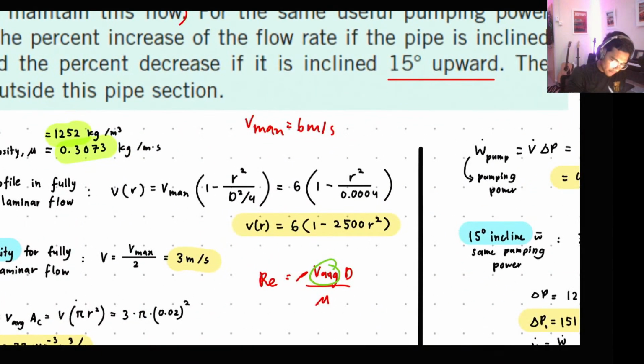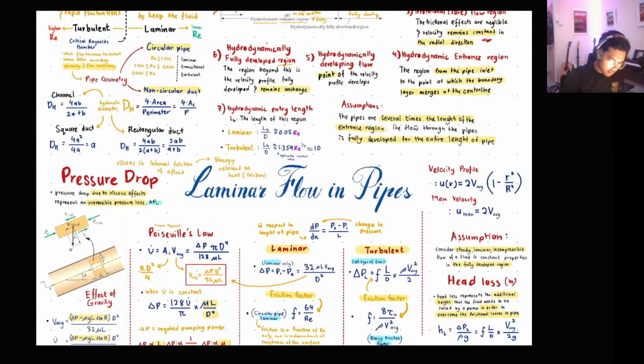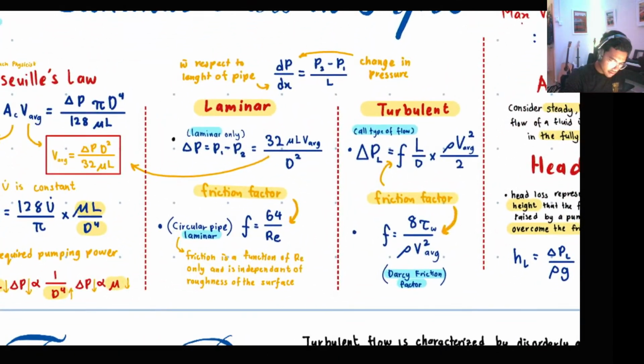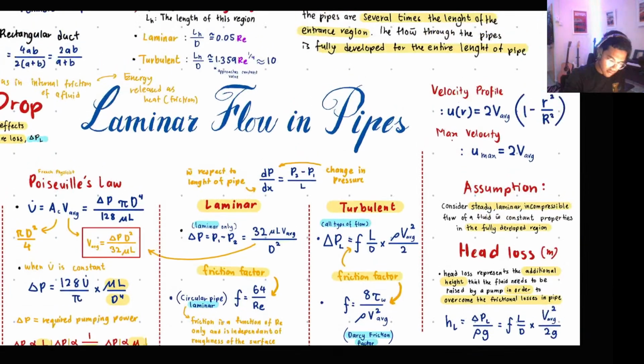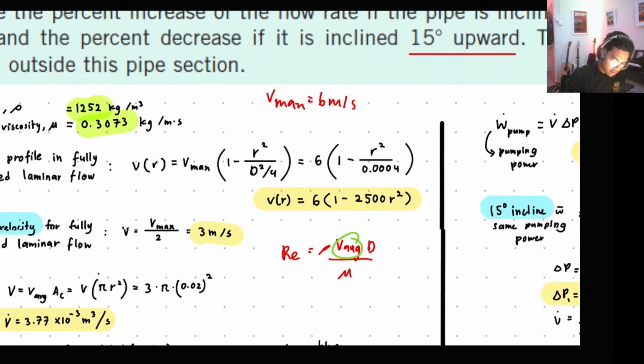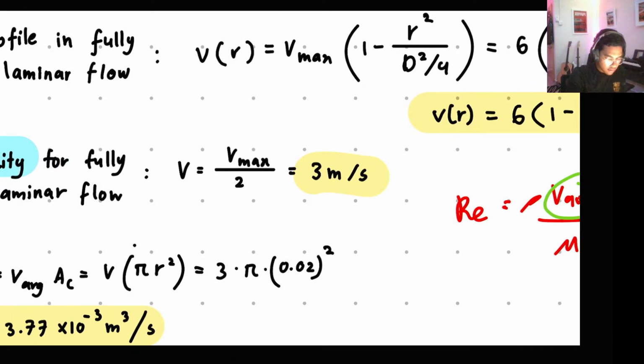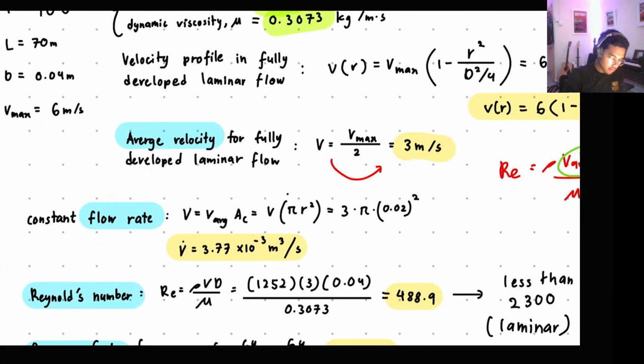Where do they find this? They find it over here. Laminar flow, velocity profile. Here they use this velocity profile. So basically we can just skip here. V average equals Vmax over 2. Average velocity for fully developed laminar flow.